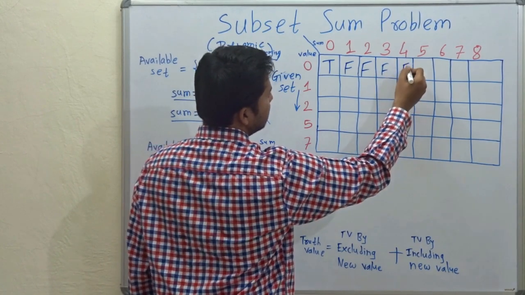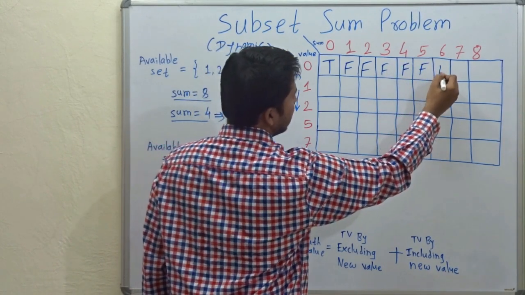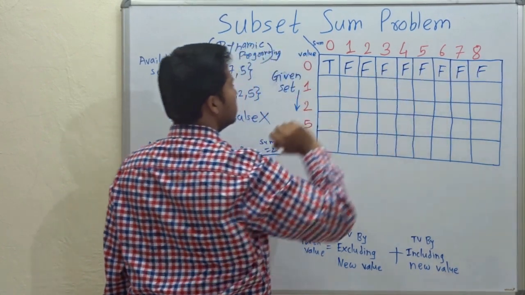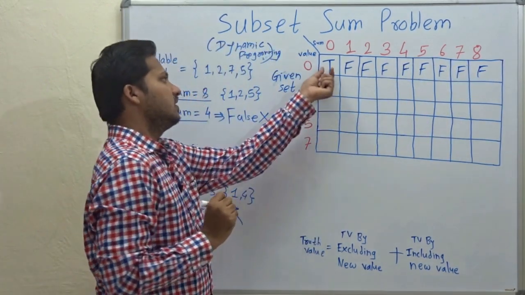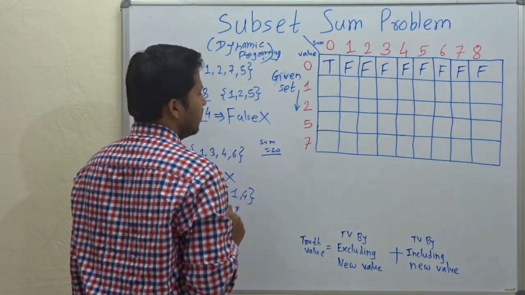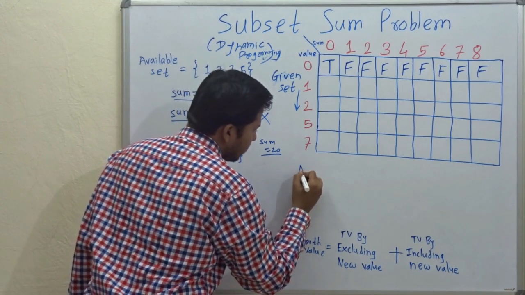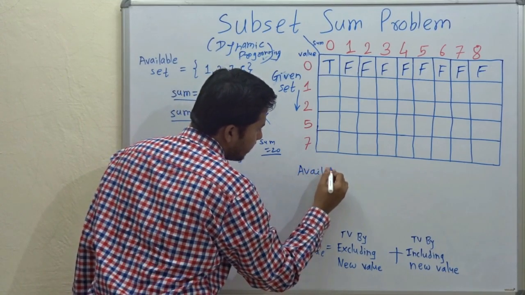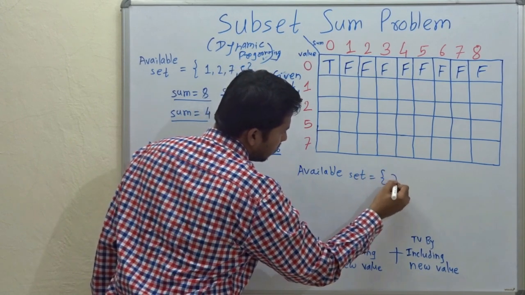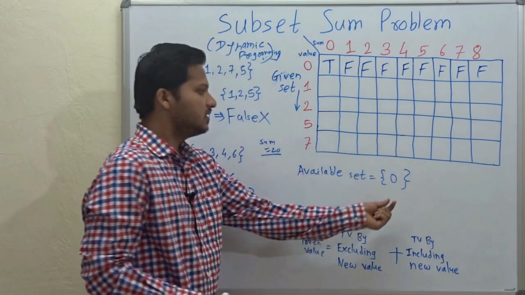Because by using 0, you cannot form any number out of this. So by using 0, you can only form 0. That is true here in the first cell, and all other cells are false. Now see here, for the first row, our set was 0.